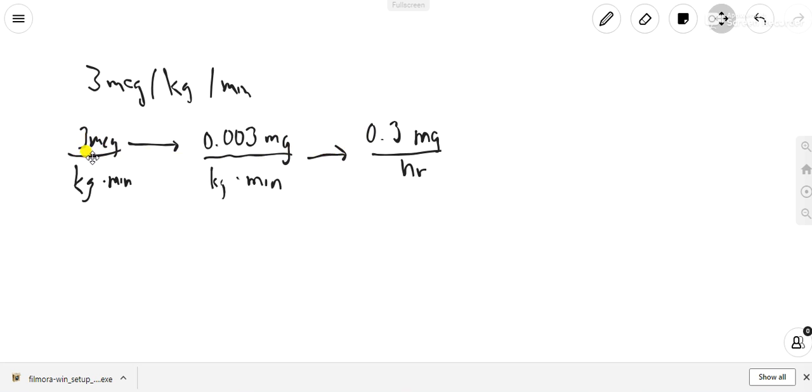We went from 3 micrograms per kilogram times minute to 0.003 milligrams per kilogram times minute to now it's 0.3, and that should be, sorry, I wrote hour, that should be 0.3 milligrams per minute. And so now in order to change this to milligrams per hour, we are going to set up a proportion here.